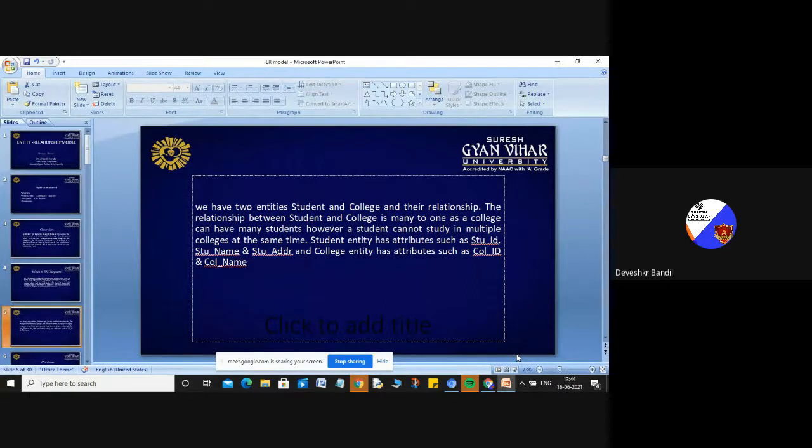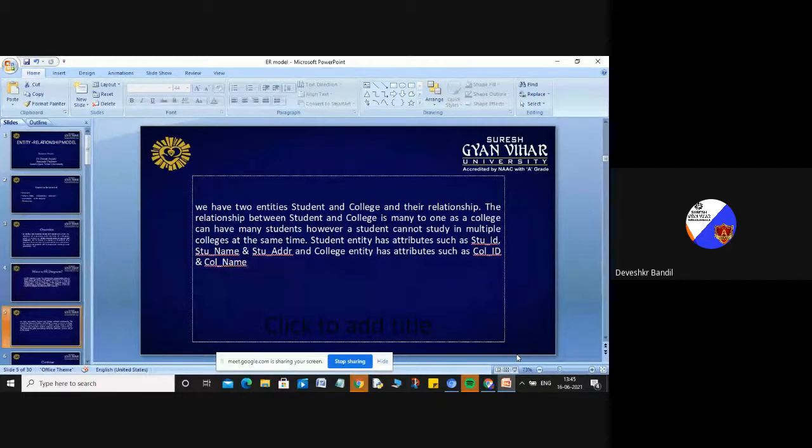Suppose I am a student. Obviously, I will study in a college, but I can't study in multiple colleges. That's why I had told you the relationship is many to one between student and college, because many students study in one college, and a student cannot study in multiple colleges at the same time.